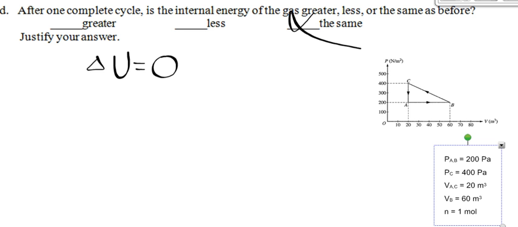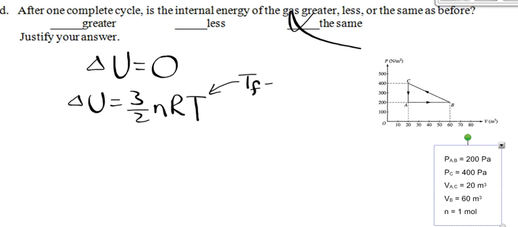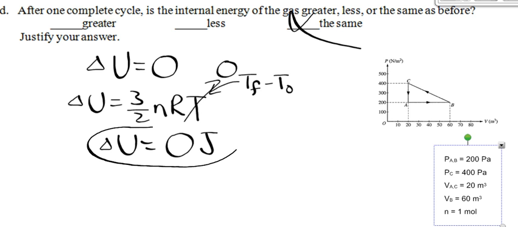If you had to prove this, don't forget, the change in temperature is final temperature minus initial temperature. Since it ends up right back where it started at A with the same volume and the same pressure, the change in temperature is just 0, which means that your change in internal energy is 0 also.